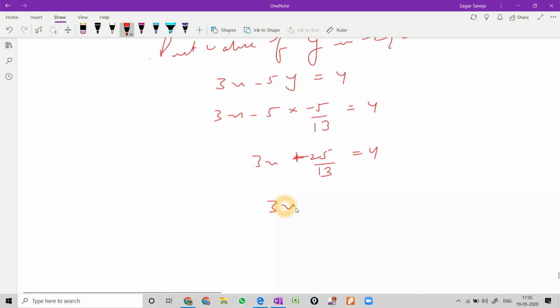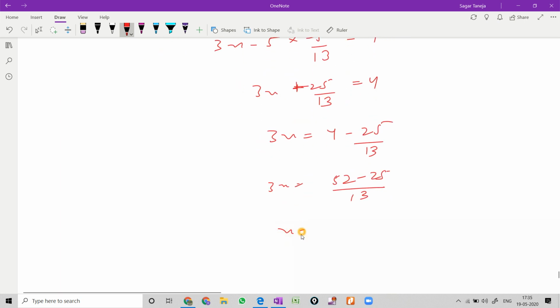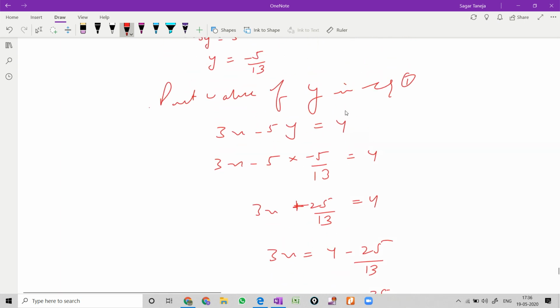Then 3x, take this side will become negative, and just take LCM. 13 fours are 52 minus 25 by 13. So this is x is equal to 27 by 13, and this 3 will come this side. This and this cancels out. So value of x is 9 by 13, and value of y is minus 5 by 13.